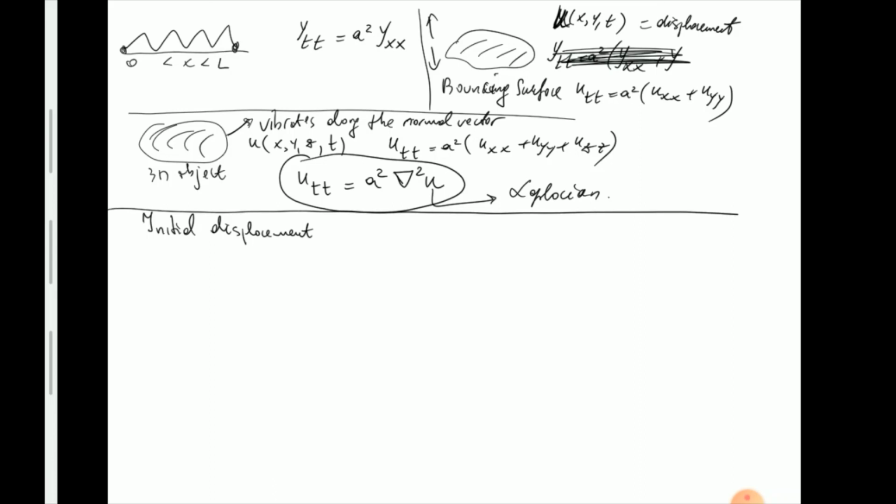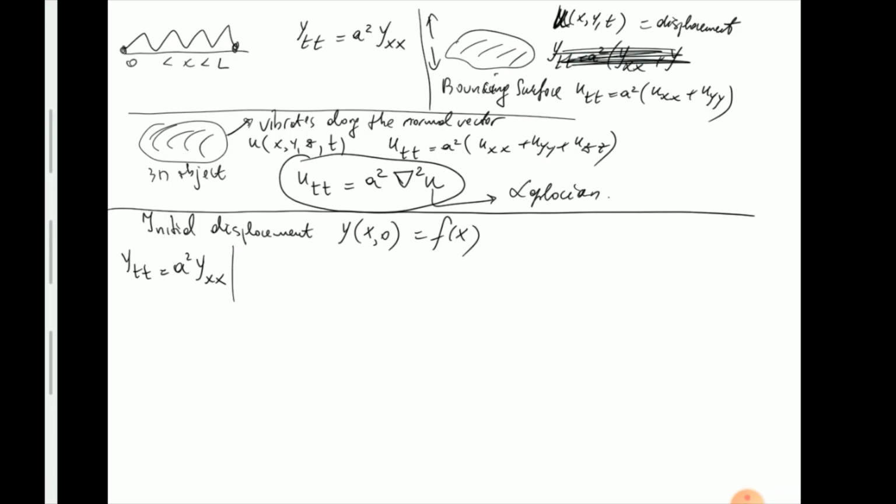So let's say in the one-dimensional case, when you look at y partial t twice equals a squared y partial x twice, the initial displacement will be obviously the original deformation at time 0. That typically is a function of x.